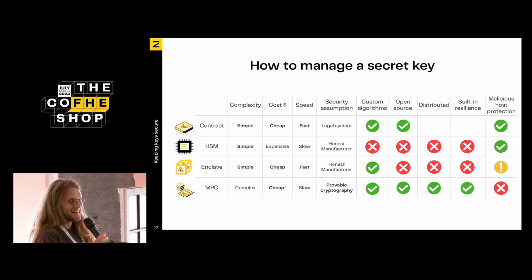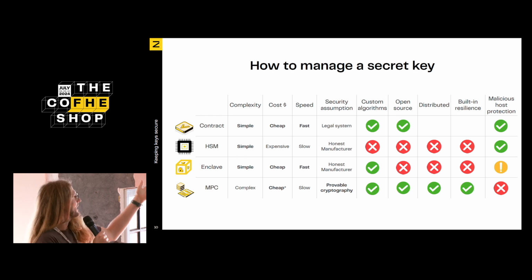This also gives an inherent resilience, which we don't get with the other tools. In the other tools, if the machine fails, it doesn't work. In MPC, you can have a certain number of the parties participating in the protocol go offline or be actively malicious, and you will still be able to have the protocol execute.